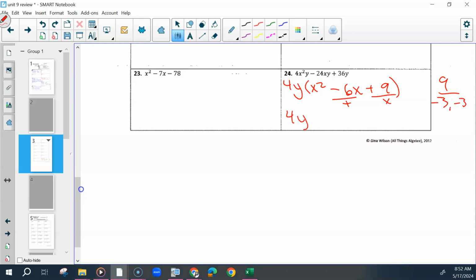So I would keep bringing down that GCF, and I would write this in two factors, whatever the variable is, put that first, and then put those two numbers. And if you were to distribute it back out, you should get that trinomial. Questions there?